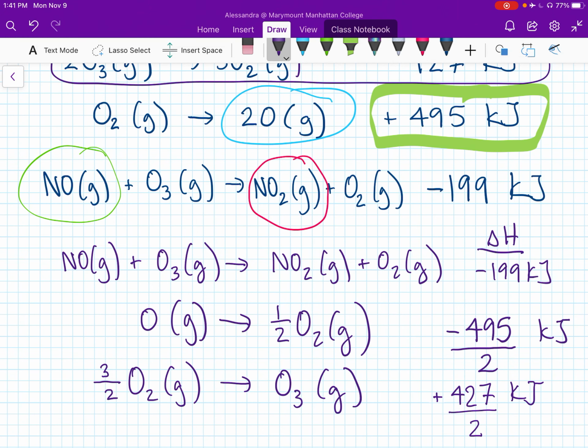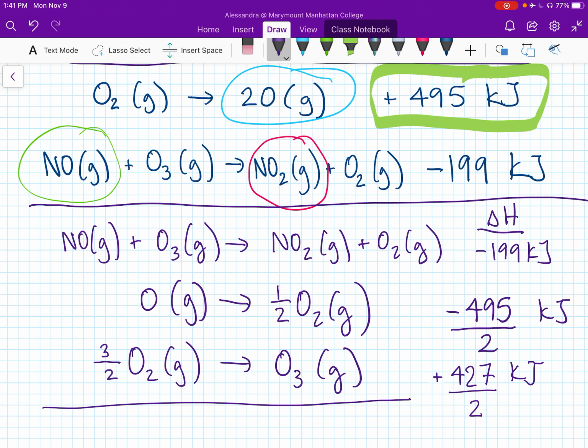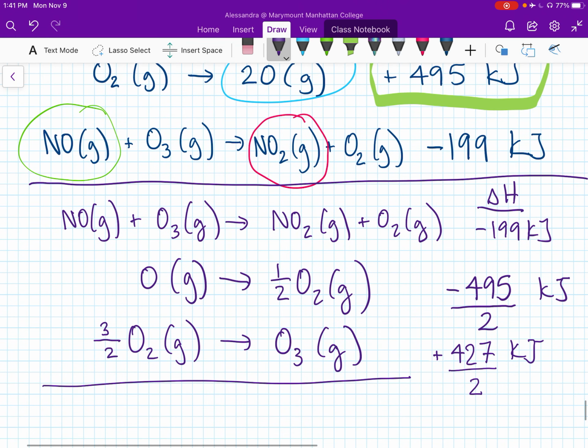Okay, so now you have to look at the reactions and see if you can cancel things that you don't want. I'm going to draw some lines here to try to make it a little bit neater. So in adding these reactions together, I can cancel out the ozone. What's more, on the right side, I have 1 plus 1/2 is 3/2 oxygen.